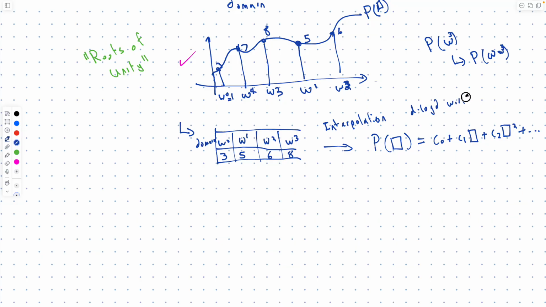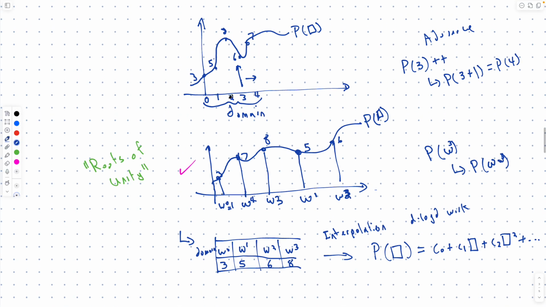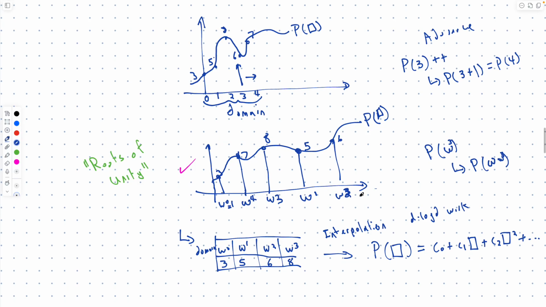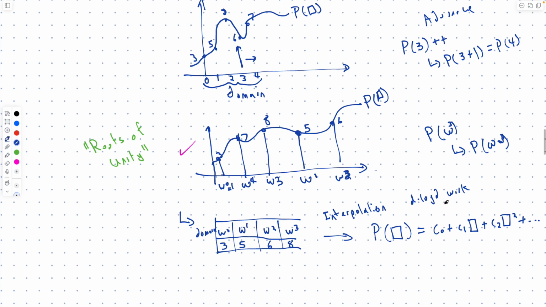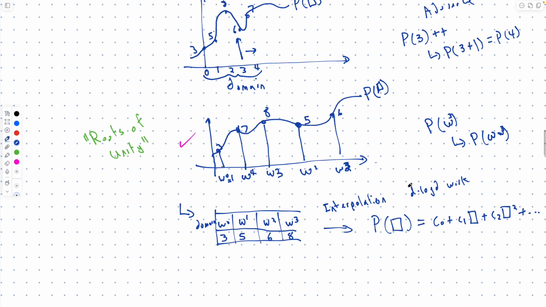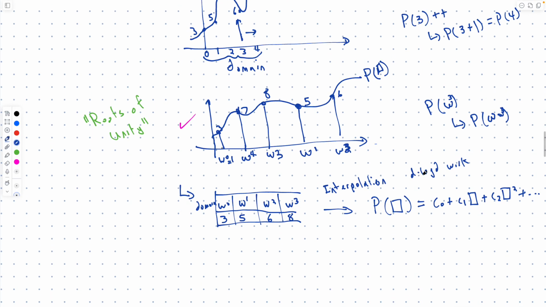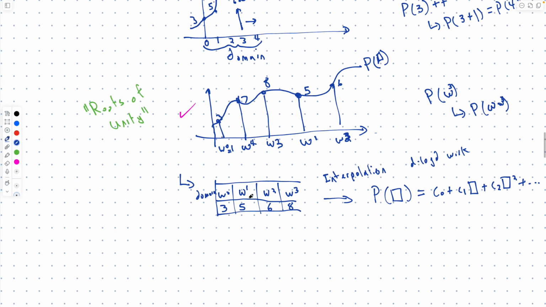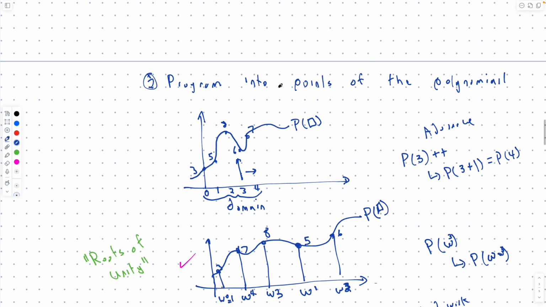Or it would be d squared if we use the domain like 0, 1, 2, 3, 4. Because we have this root of unity, we can do it in d log d. We can use fast Fourier transform. But anyways, the point is I have to do some work to get it into coefficient form. So that's a negative of doing this approach.